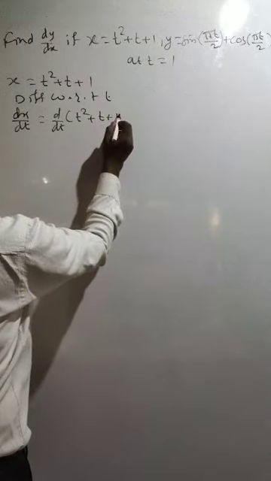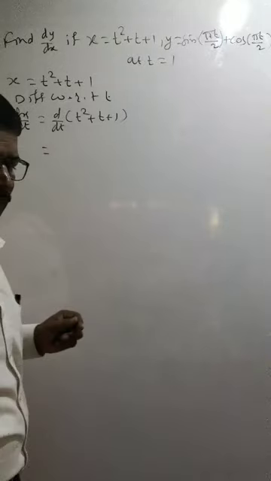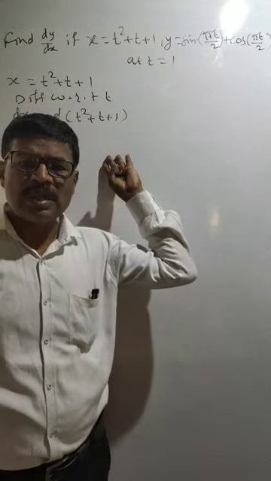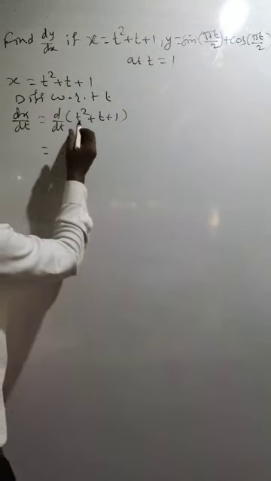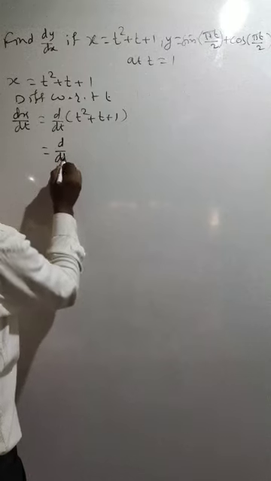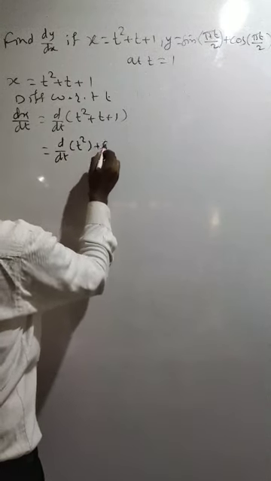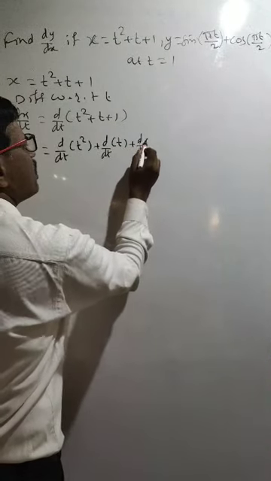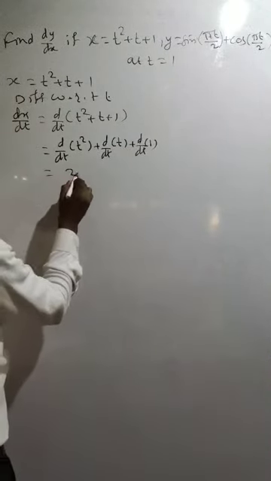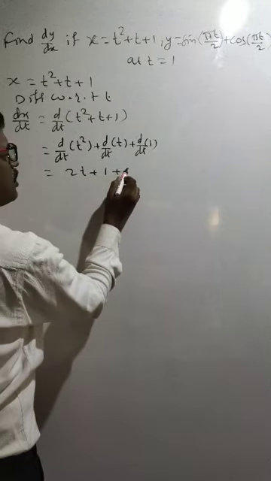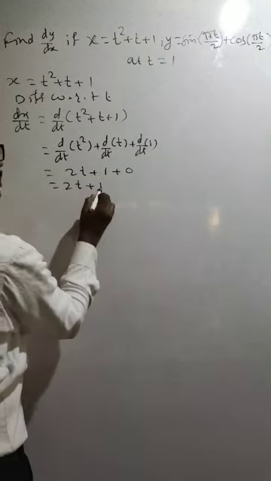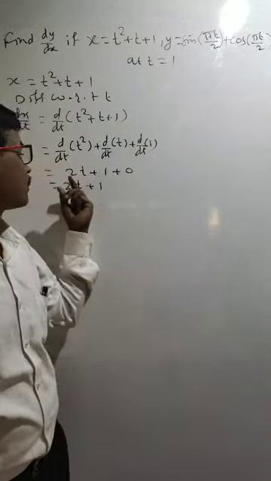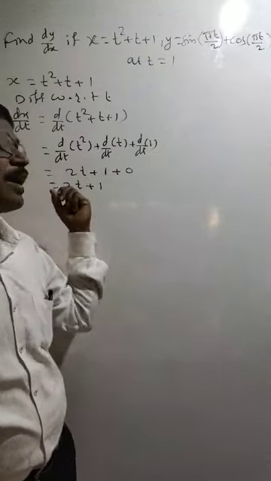Now use addition rule in this example: d by dt of t square plus d by dt of t plus d by dt of 1 equal to 2t plus 1 plus 0 equal to 2t plus 1. This is the value of dx by dt.